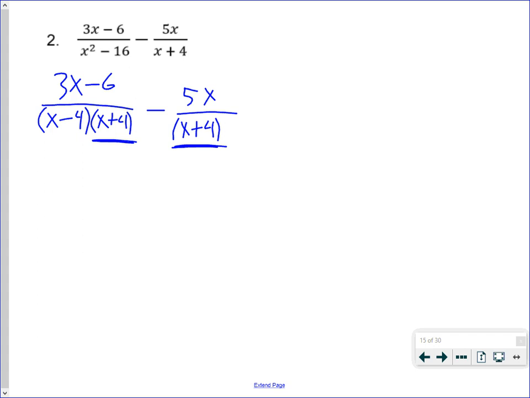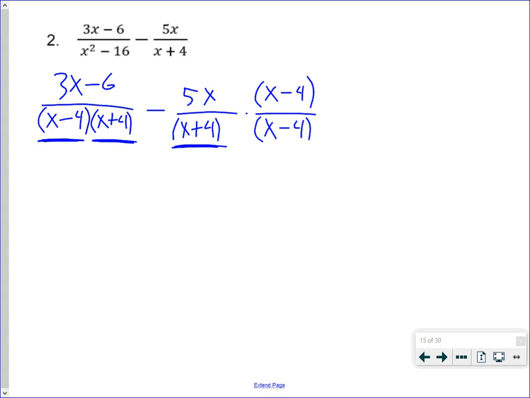And now for 5x all over x plus 4, if you compare that denominator with the first expression's denominator, we see that the 5x all over x plus 4 doesn't have the x minus 4 that the other expression has. So if it doesn't have that piece of the denominator, we need to multiply that expression with what it's missing, so we can make sure that the denominator has what it needs, so we can actually have a common denominator.